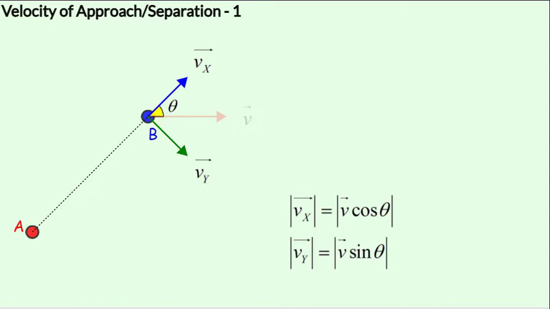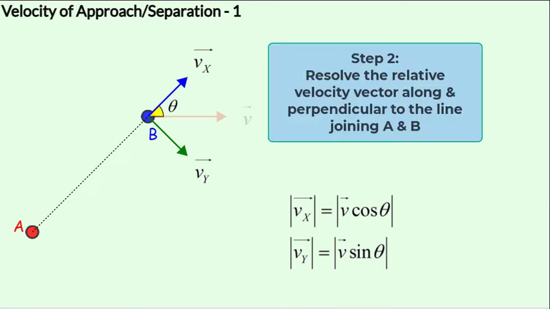Then the magnitude of Vx is v cos theta and of Vy is v sin theta, where theta is the angle made by the line joining A and B with the relative velocity vector. So this is step number 2, where we resolve the relative velocity into its components parallel and perpendicular to the line joining A and B.